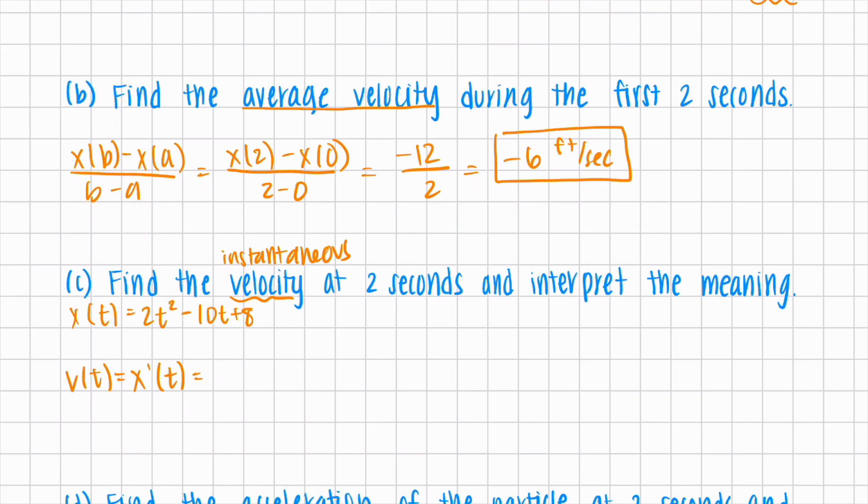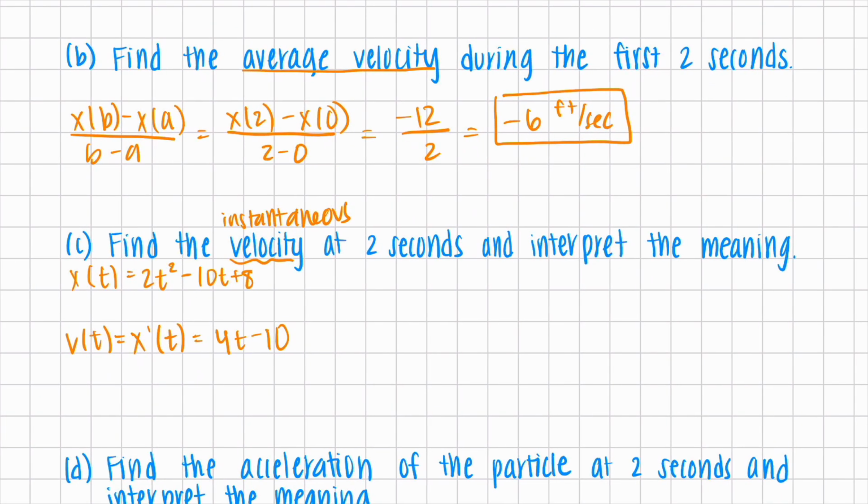So take the derivative of that, we get 4t minus 10. And I want the velocity at 2 seconds, so I want v of 2. That's going to be 4 times 2 minus 10, which is negative 2 feet per second.